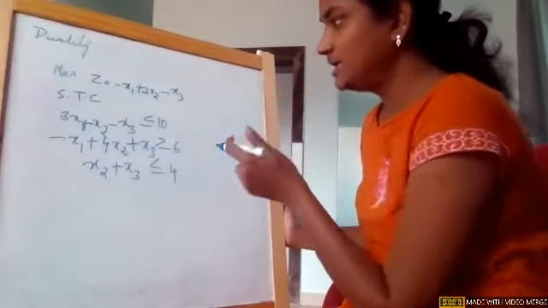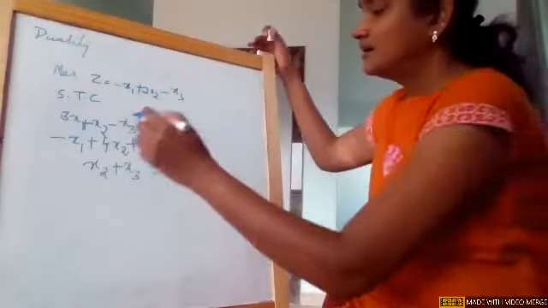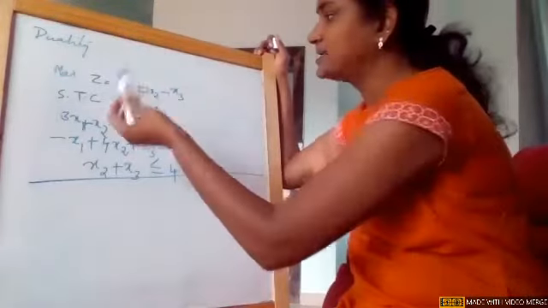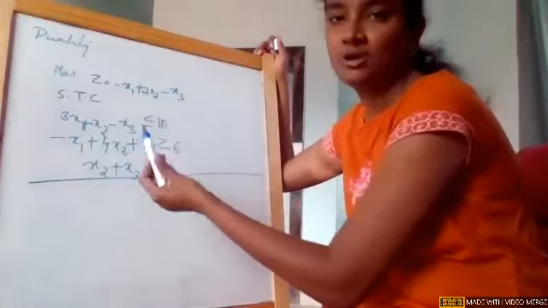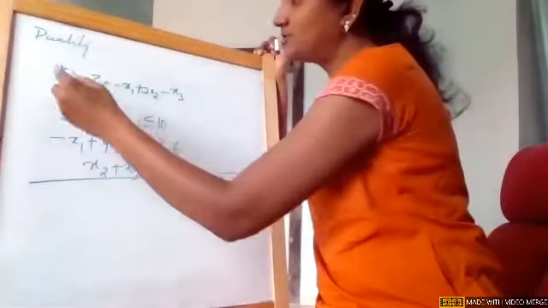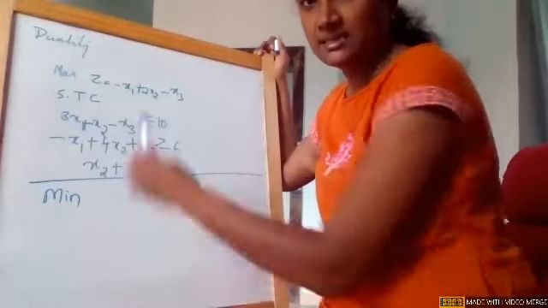See, it will be a kind of mirror image. I just took one example from whatever we solved. I'm just showing you. First, when it is dual, a mirror image I am trying to say. So maximization will be converted to minimization.